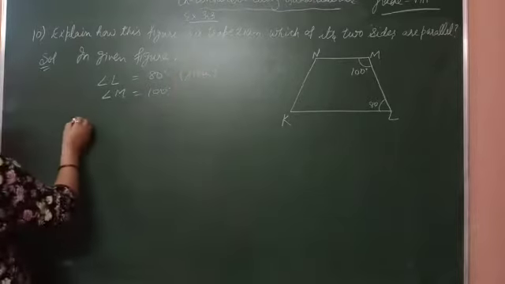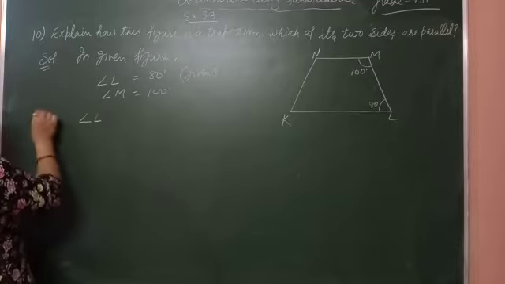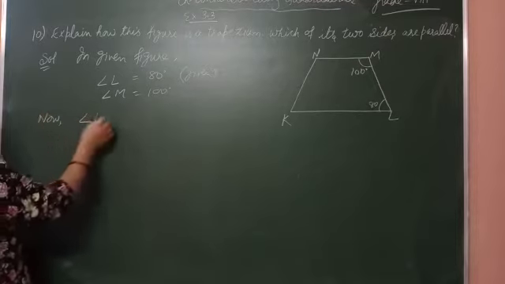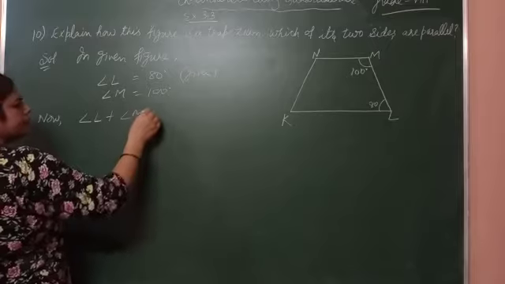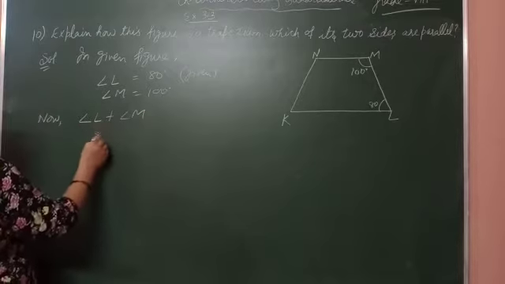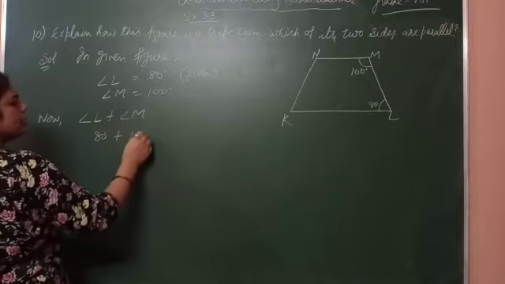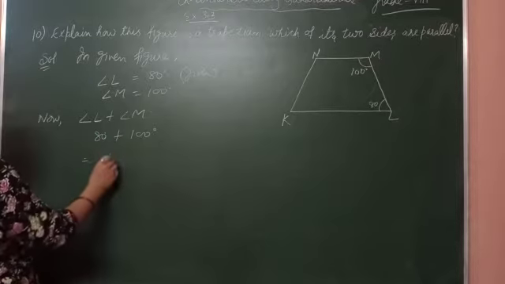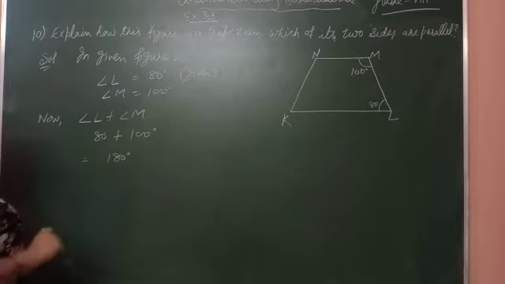So now we add them. Angle L plus angle M, the sum is. Angle L is 80 degree, angle M is 100 degree. So it becomes 180 degree.